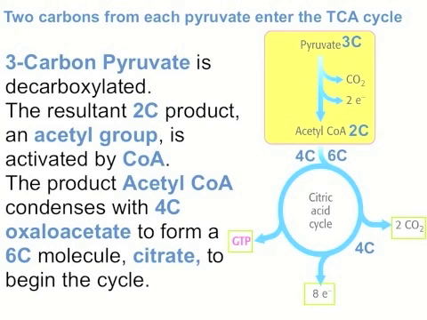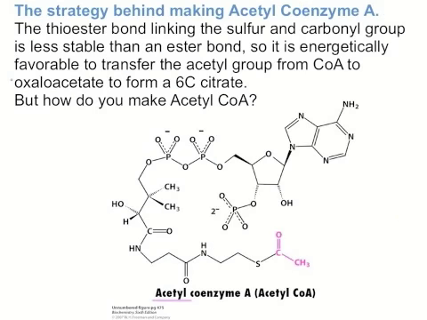And so now we're going to look at the process that is shaded in yellow, going from a 3-carbon pyruvate to an activated 2-carbon molecule, acetyl-CoA. The strategy behind making acetyl coenzyme A is that the thioester bond that links the sulfur and carbonyl group is at a higher energy because there is no resonance structure that stabilizes this thioester bond as there is with the regular ester linkage.